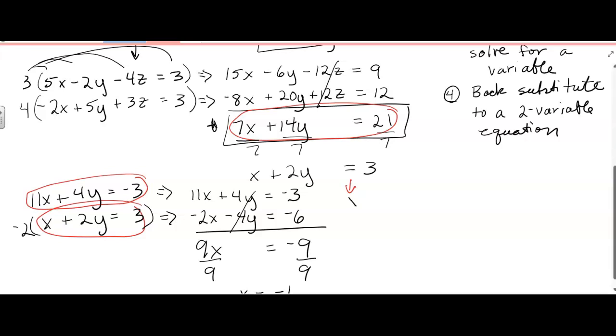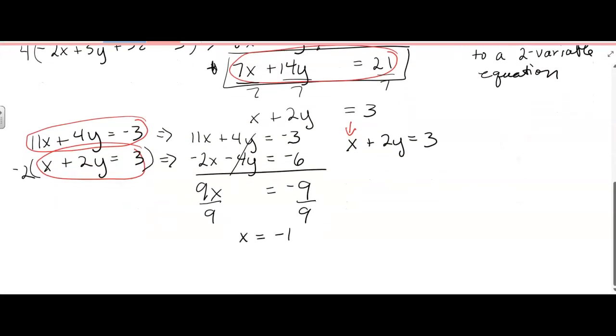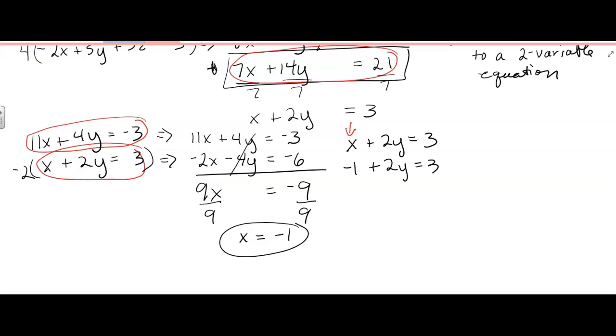So I have, well, let me just write it. X plus 2y equals 3. But I know what x is. X is negative 1. So I'm going to put in negative 1 plus 2y equals 3. And then I can solve. Add 1, divide by 2. So I get y equals 2.